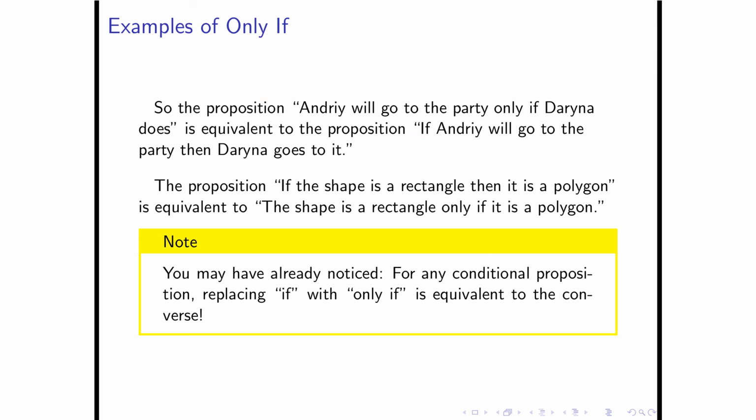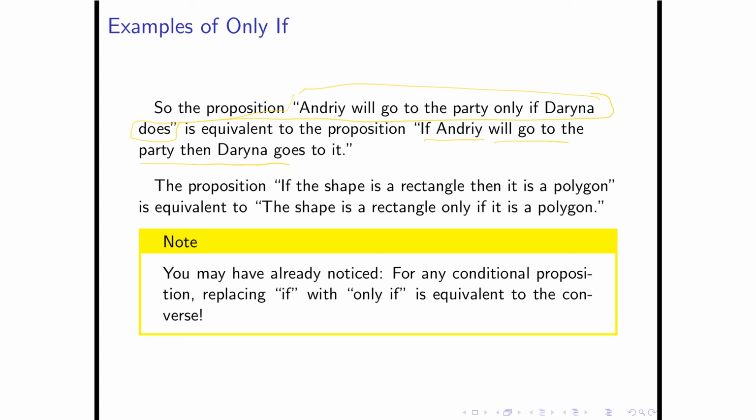Okay, let's look at some examples. There's nothing much that's new here, but we've already looked at some examples. Andriy will go to the party only if Darnya does. So that's an only if proposition. What is it equivalent to if we didn't use the phrase only if? It's equivalent to if Andriy will go to the party, then Darnya goes to it.